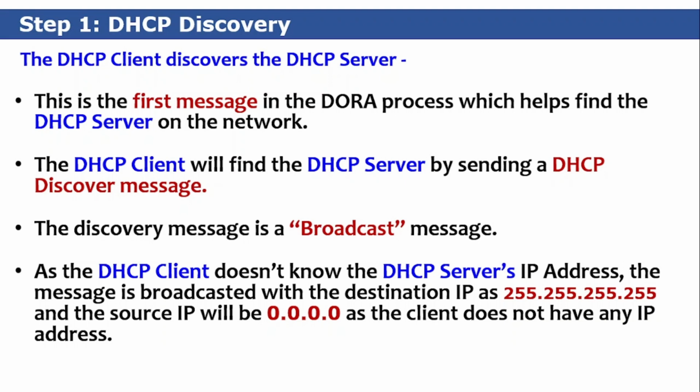The IP address 255.255.255.255 is also known as the universal broadcast IP. So the client simply broadcasts the discovery message using all zeros as the IP, because the client doesn't have any IP address.